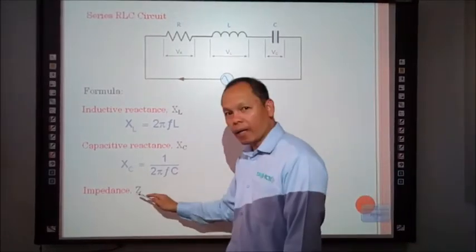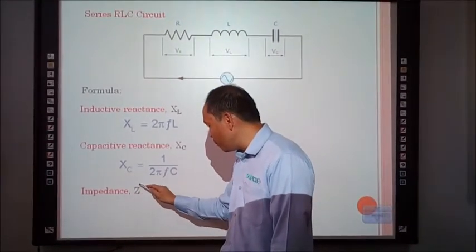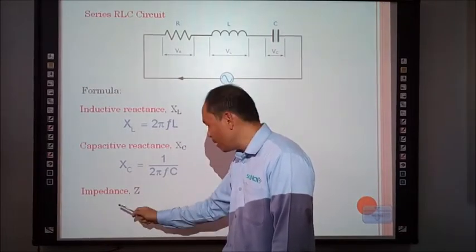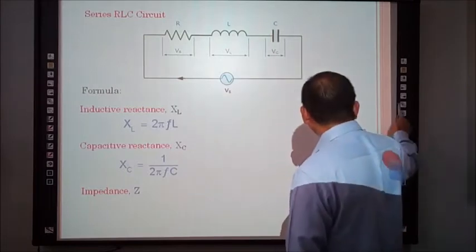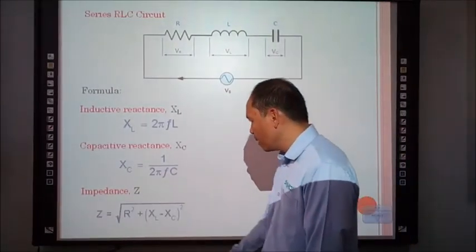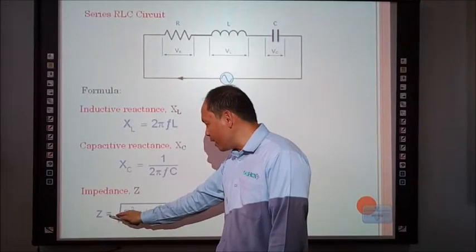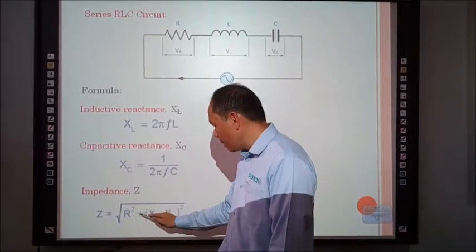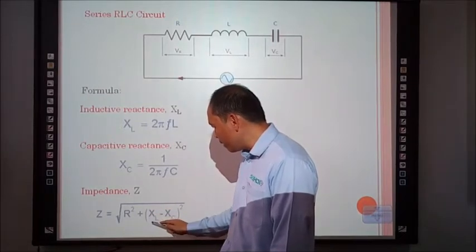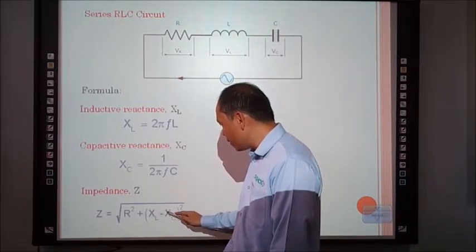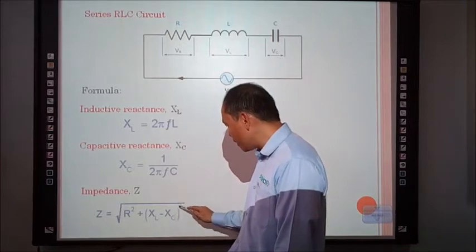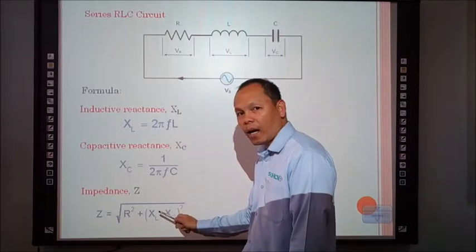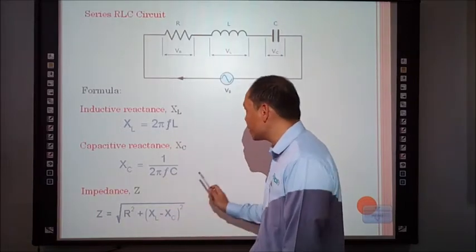Next, solve for the impedance. This is the symbol of impedance, which is Z. The formula is impedance, or Z, is equal to the square root of R squared plus, open parenthesis, XL minus XC, close parenthesis, squared. This is the formula to solve for the impedance.